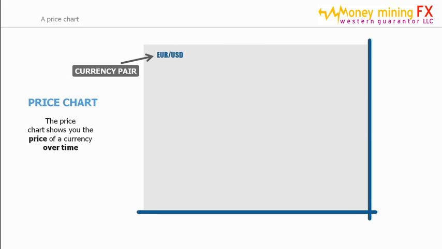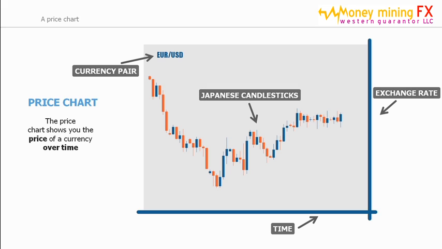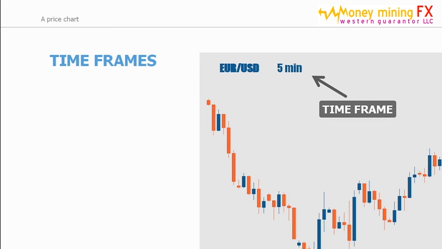If you look at the chart on the right, you can see that the exchange rate is displayed on the right-hand side, and the time is displayed on the bottom. The chart type we use is called a Japanese candlestick chart. It is made up of shapes that look like candlesticks. Each candlestick shows the price development over a period of time. We refer to this as a time frame.